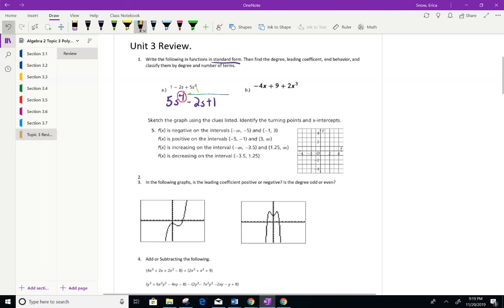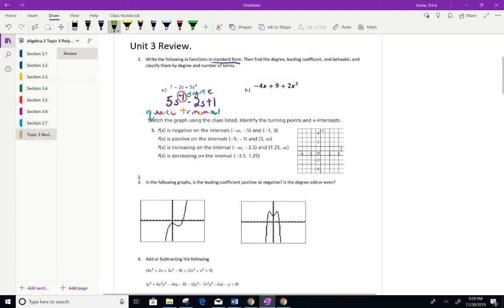Here's our degree. And this is a trinomial, a cubic trinomial. Or no, excuse me, quartic trinomial, because the quartic is a fourth degree polynomial.